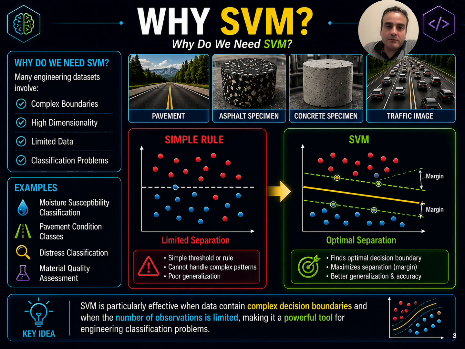A simple rule uses a fixed boundary and often struggles to capture complex relationships within the data. In contrast, support vector machine searches for the optimal decision boundary while maximizing the margin between classes.